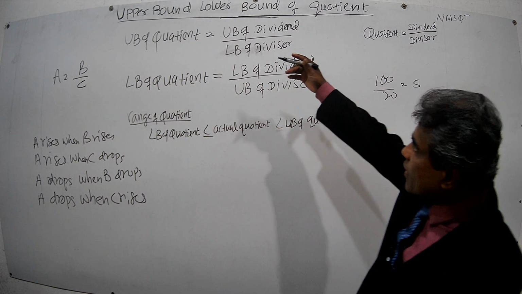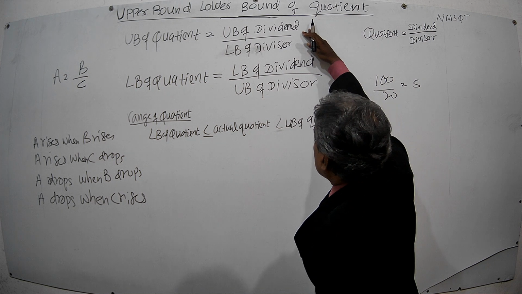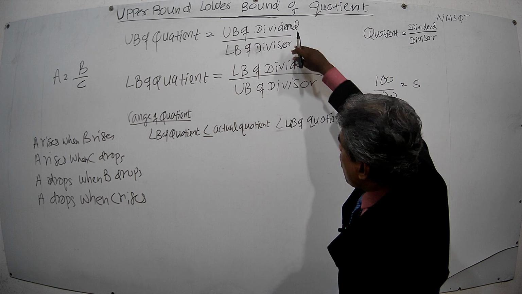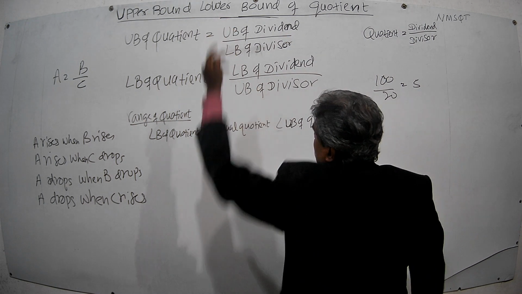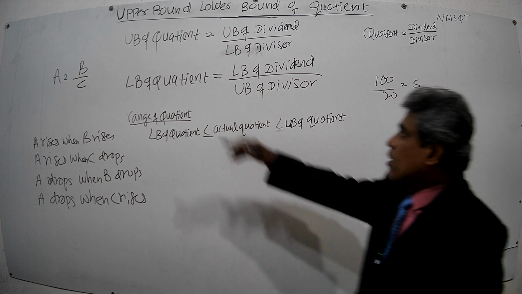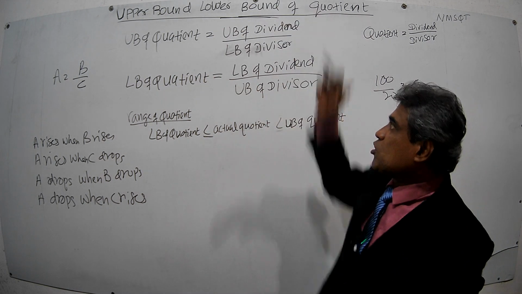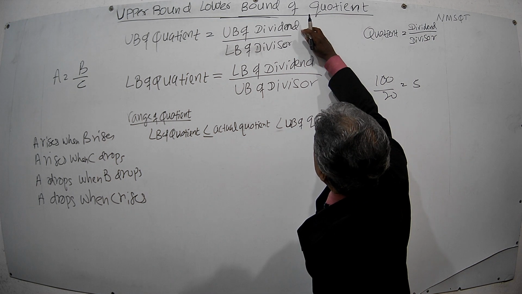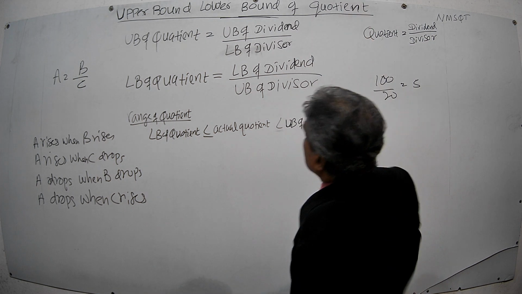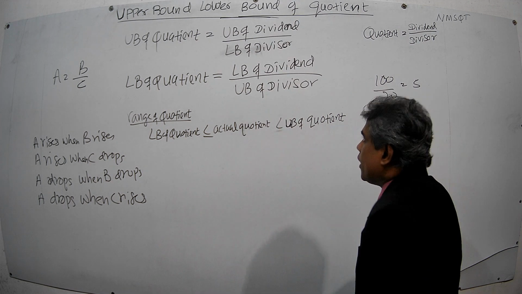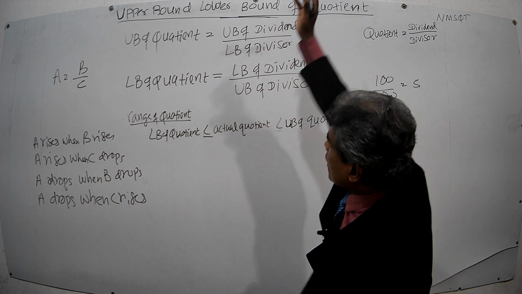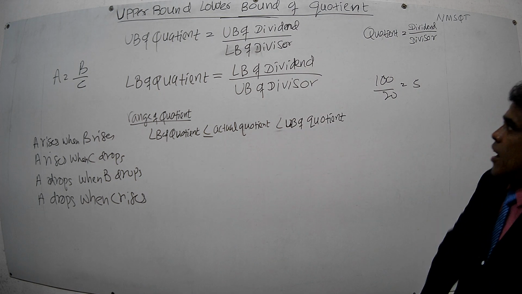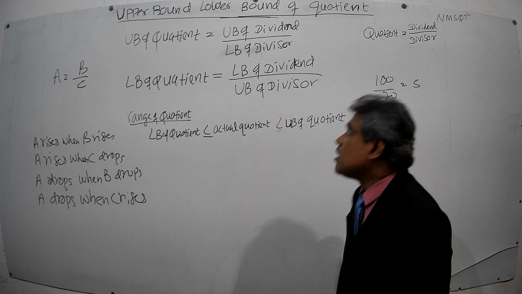So you have to get the bounds which raise the quotient to the maximum. The quotient rises when the dividend rises, so we need the upper bound of the dividend. The quotient also rises when the divisor drops, so we need the lower bound of the divisor.